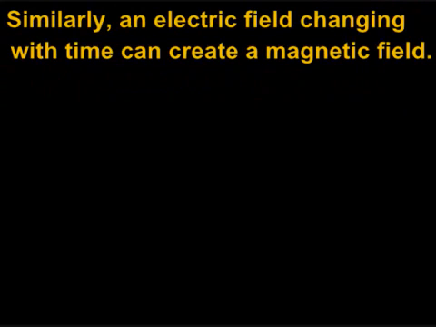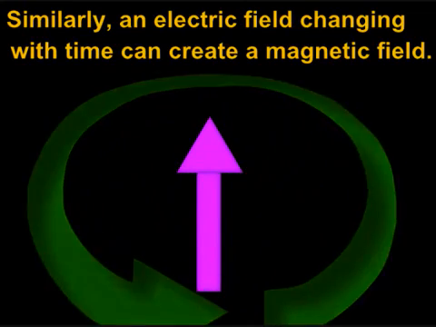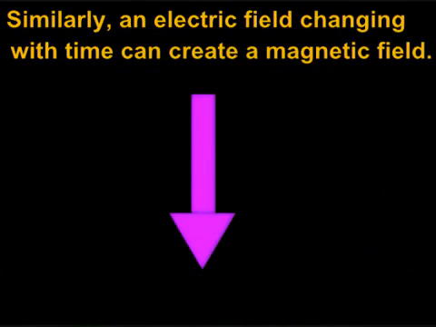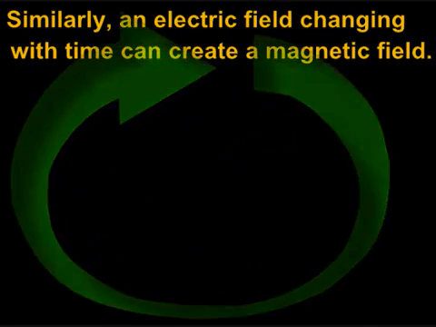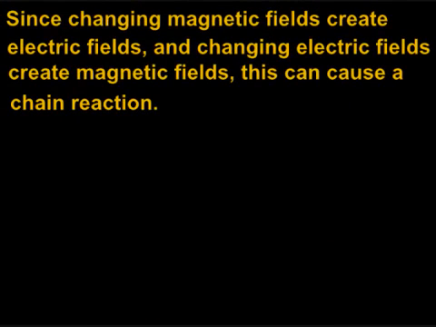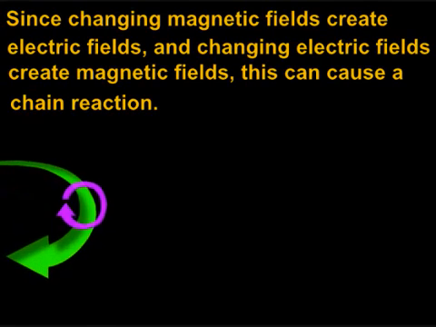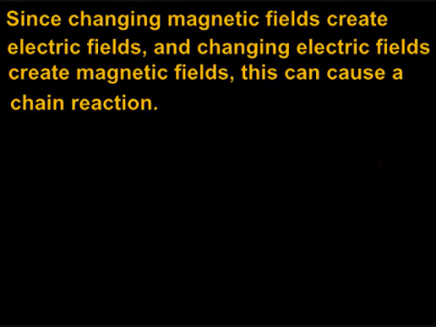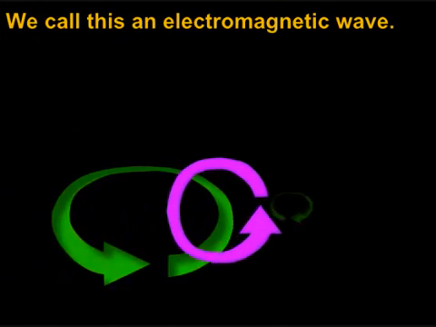Similarly, an electric field changing with time can create a magnetic field. Since changing magnetic fields create electric fields and changing electric fields create magnetic fields, this can cause a chain reaction. We call this an electromagnetic wave.